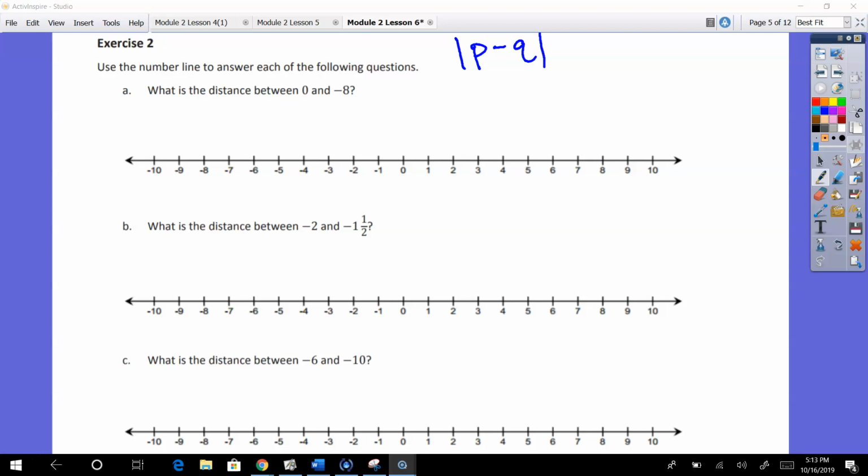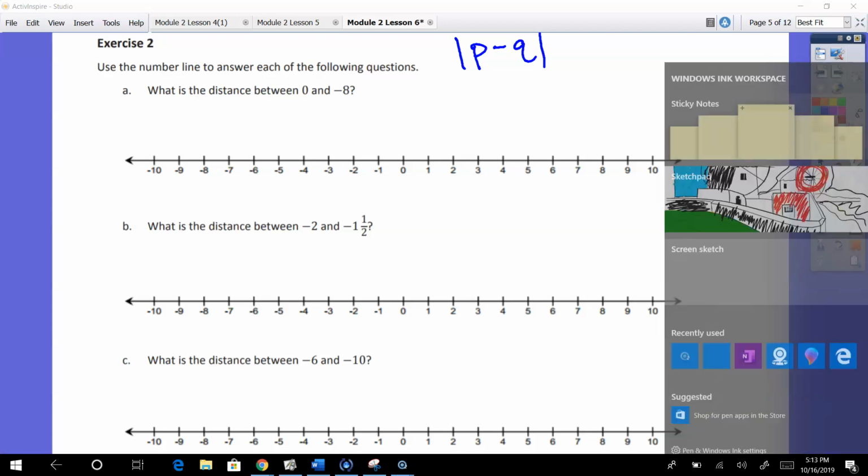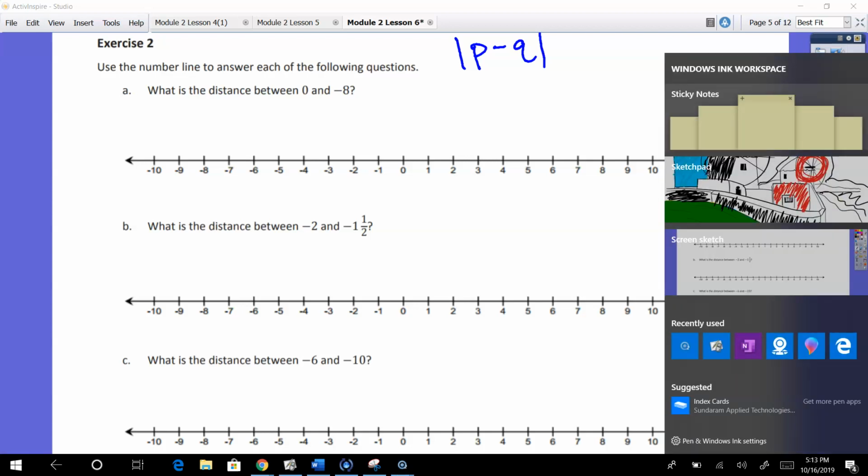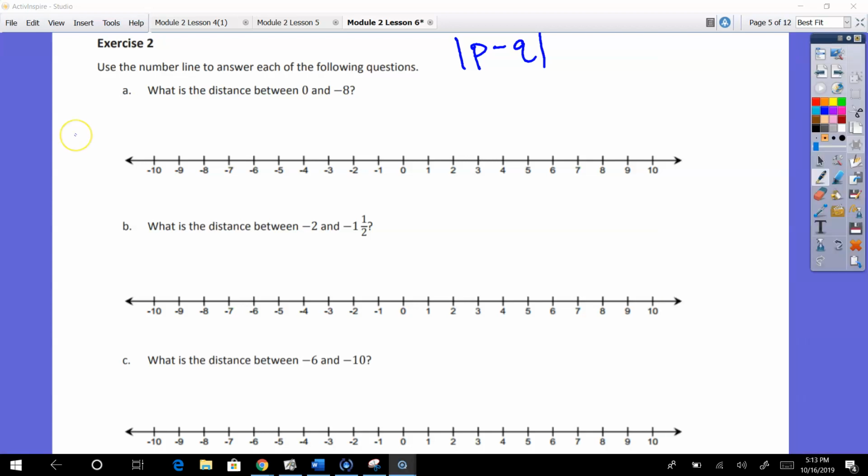You're going to pause the video and work independently. Take 3 minutes to do each of these problems.